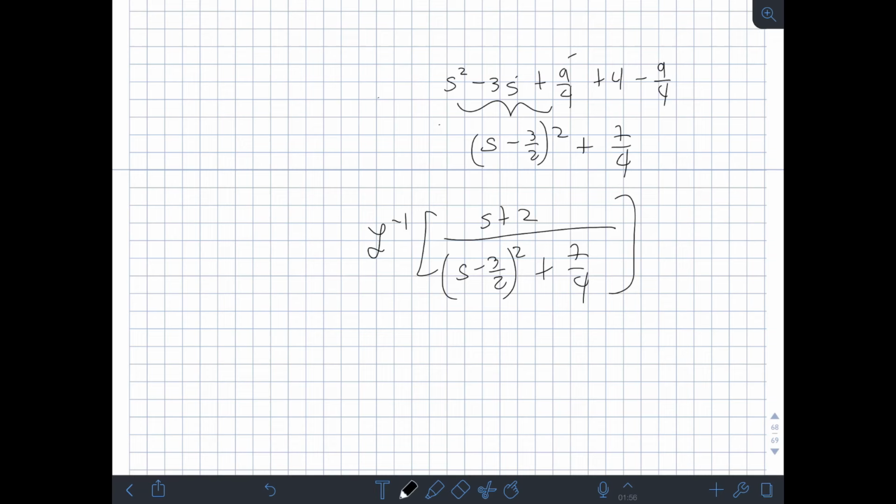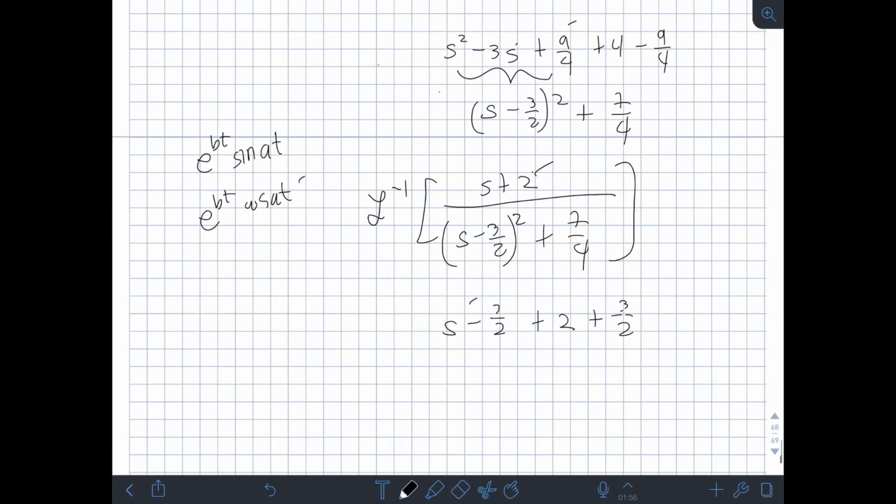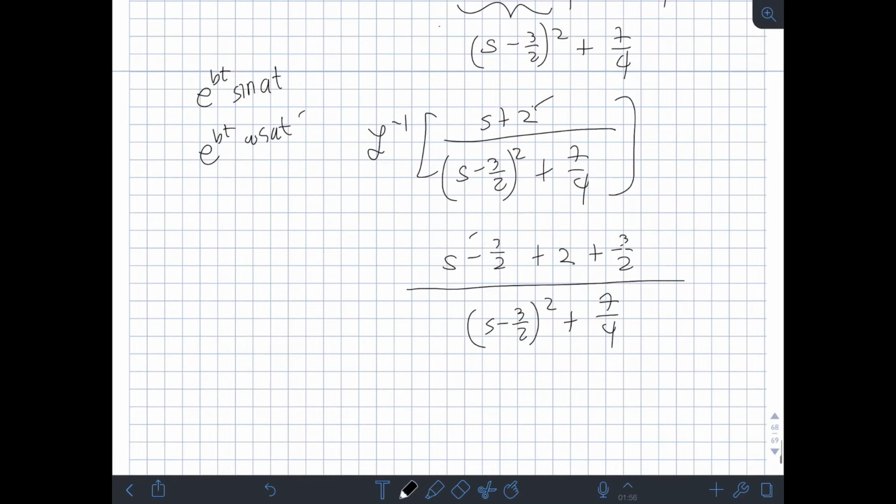So, we apply here the formulas e^(bt) sin(at) and e^(bt) cos(at). We also need negative 3 halves in the numerator for e^(bt) cos(at). Right? So, we add and subtract 3 halves in the numerator. So, s − 3/2 plus 2, I copy the 2, and then plus 3 halves to balance the minus 3 halves, over (s − 3/2) quantity squared plus 7/4.